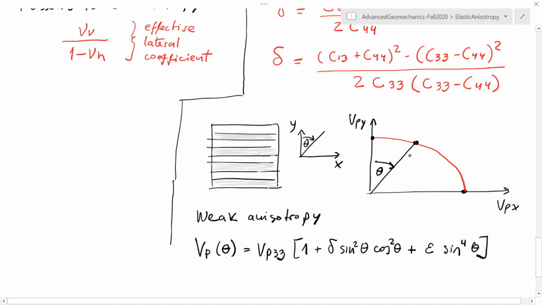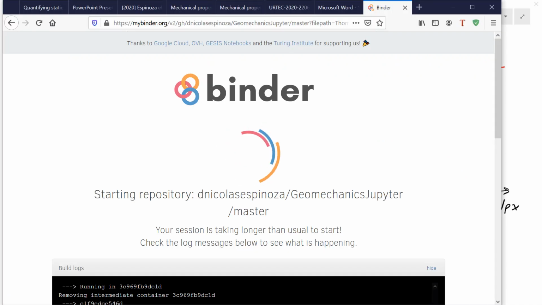And as we can see, according to typical rocks, the P-wave velocity in the vertical direction is going to be lower than the P-wave velocity in horizontal direction, because these sedimentary rocks are usually softer in vertical direction. And let me show and share with you the animation I was mentioning.